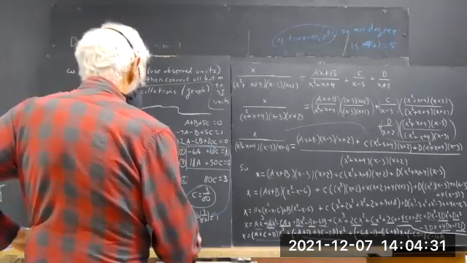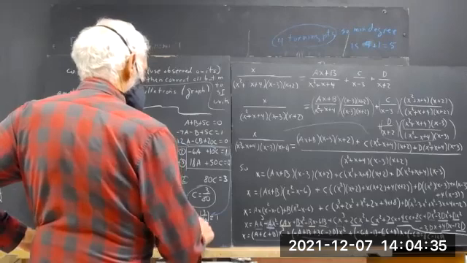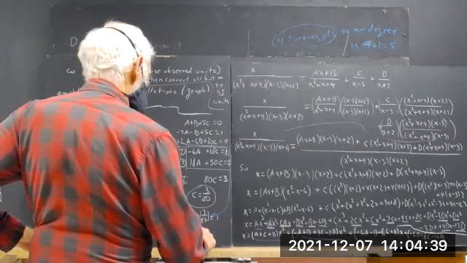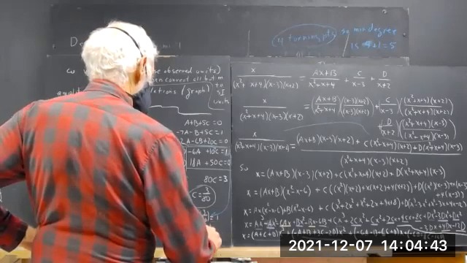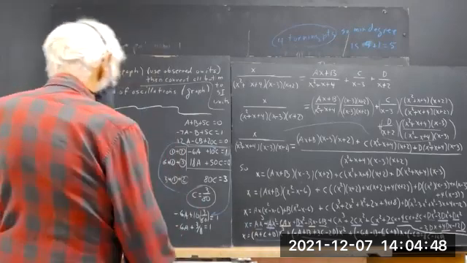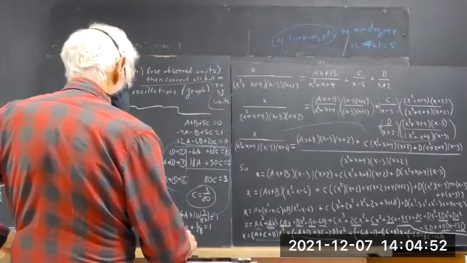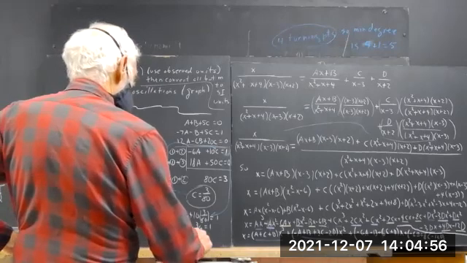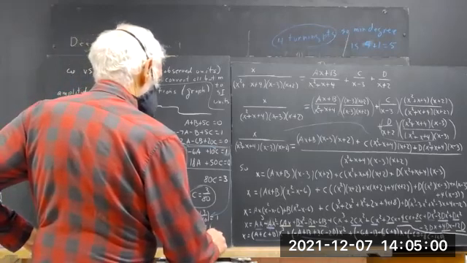Okay, so negative 6a plus 30 over 80, which is 3/8, equals 1. I multiply both sides by 8 to clear the denominator. I get negative 48a plus 3 equals 8.